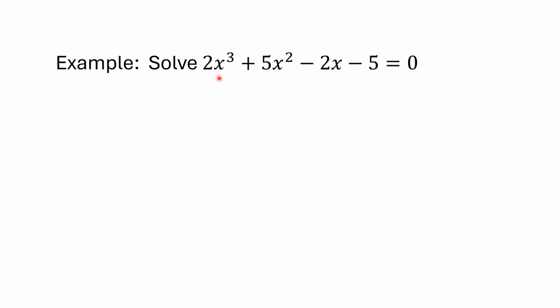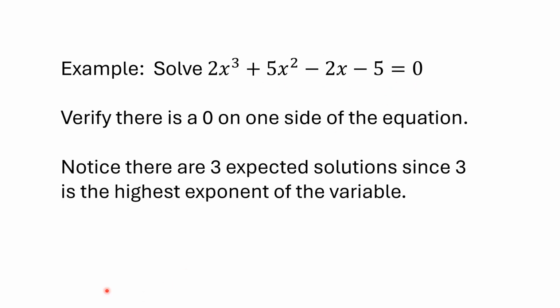As an example, 2x cubed plus 5x squared minus 2x minus 5 equals 0. There's a 0 on the right. We need to make sure of that. And there are 3 expected solutions. Our coefficients are integers. Our constant is an integer.